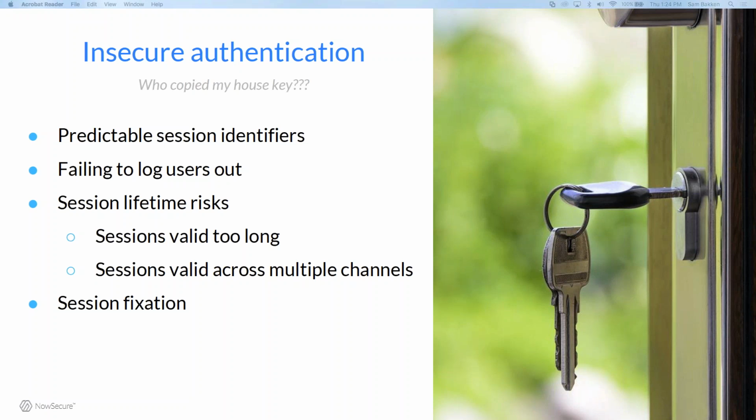And in fact, even more so common amongst insecure authentication is session issues. Session issues, we may find anything from session fixation attacks, lifetime risks, failing to log users out, session identifiers. These are all types of insecure authentication that may weaken your mobile application architecture as a whole.